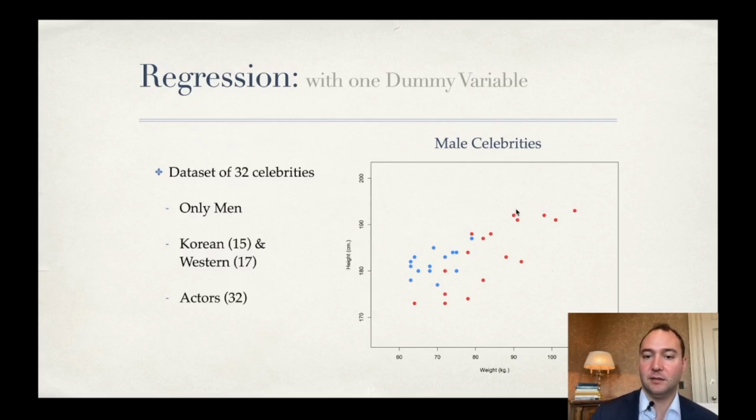In this case, we see a bit of a pattern here. The Korean actors, shown in blue here, are in this little cluster over here, whereas the Western actors are these red dots here. It seems that there's a slight difference between these two groups.